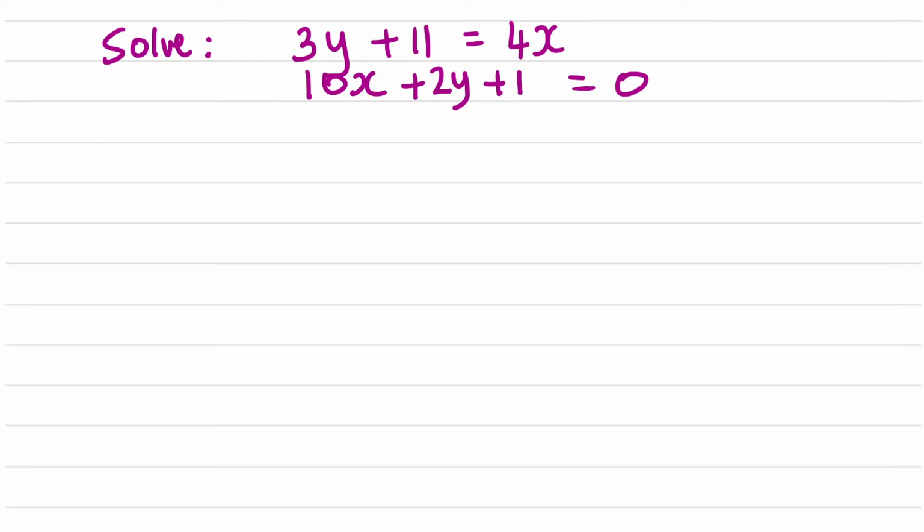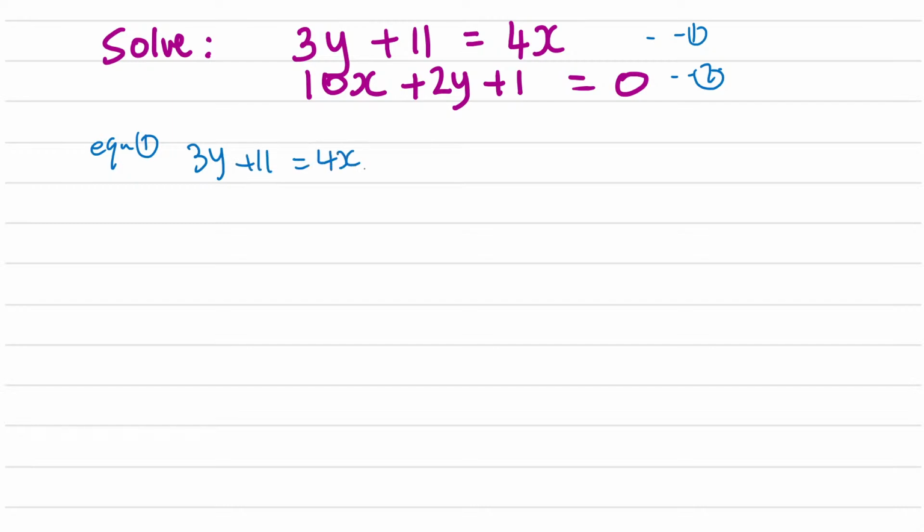So we now have two equations here, but we can see they're not arranged in a way that we want to use. So if we rearrange equation 1, I'm going to call this 1 and this one 2. We're going to rearrange 1 first of all. Equation 1: 3y plus 11 equals 4x.